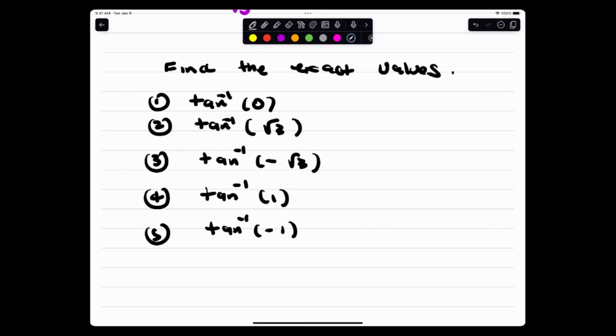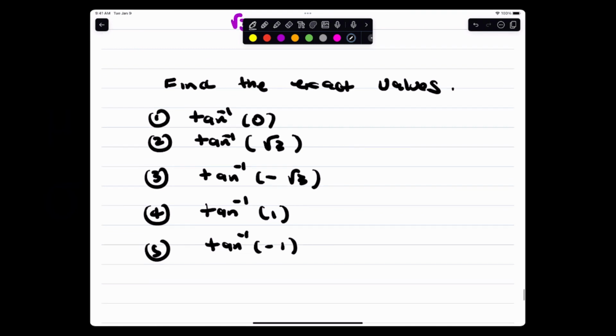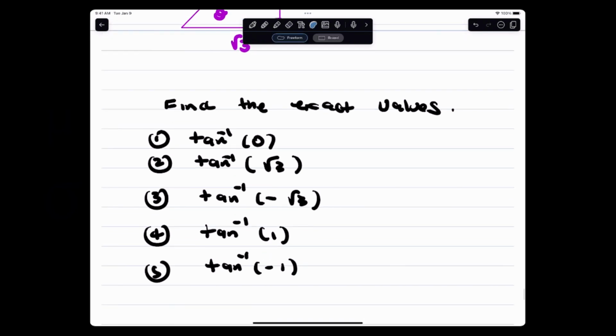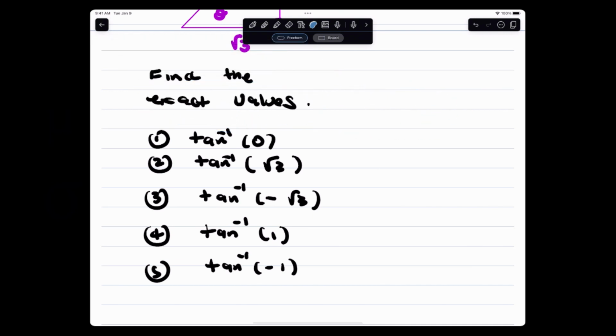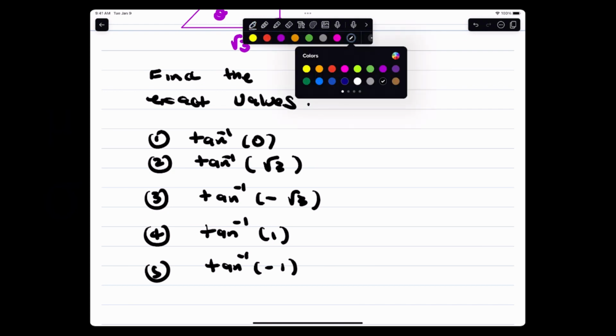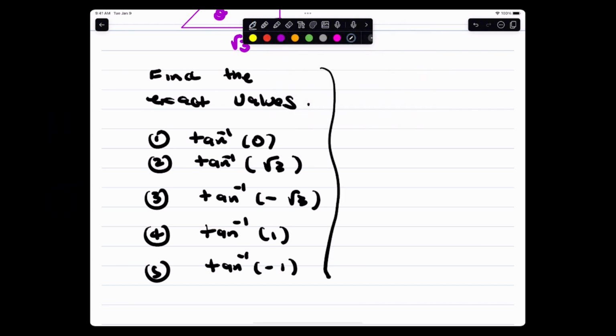Okay? So I'm going to do this here. Let's see if I can do this here. Find the exact values. Use your what here? Calculator.